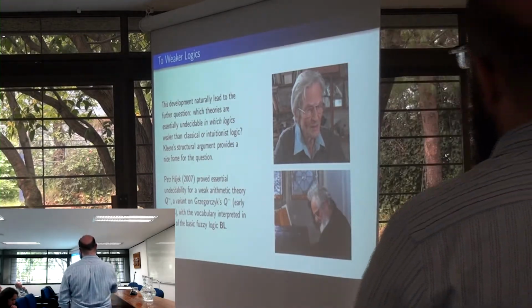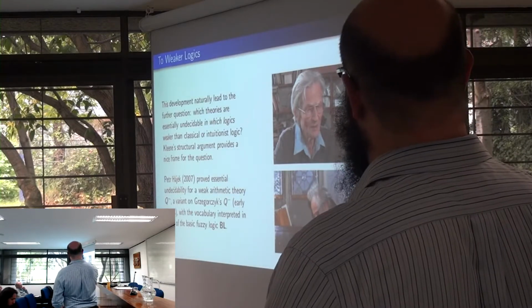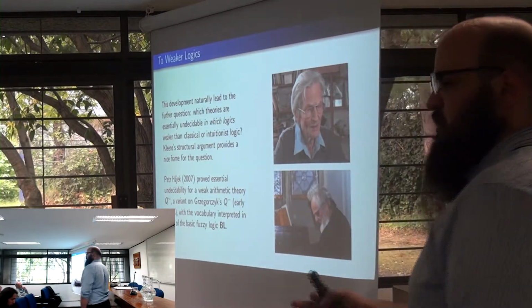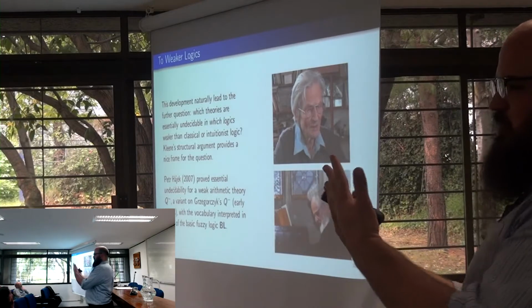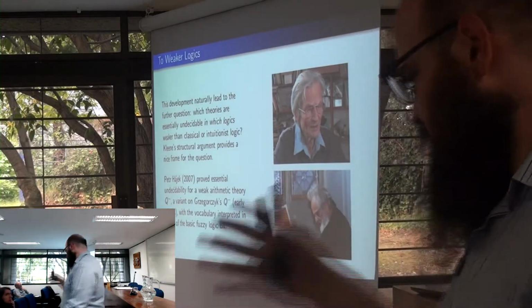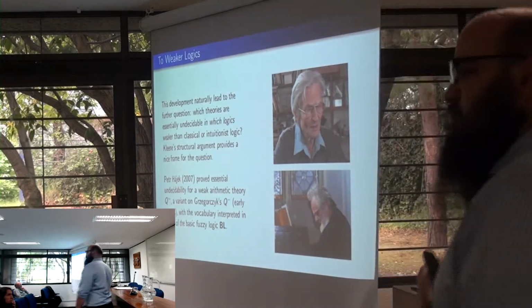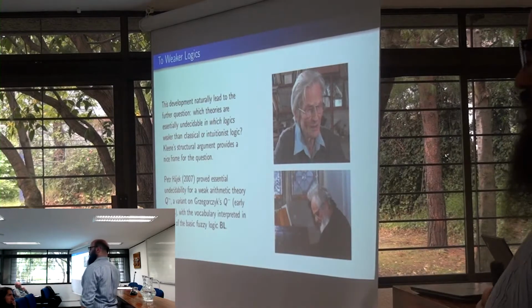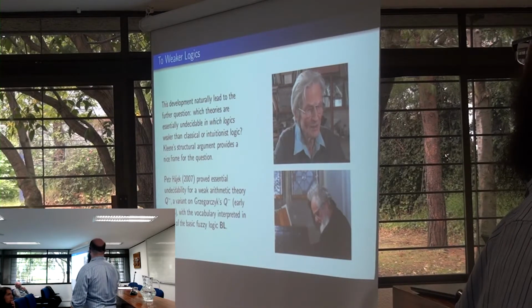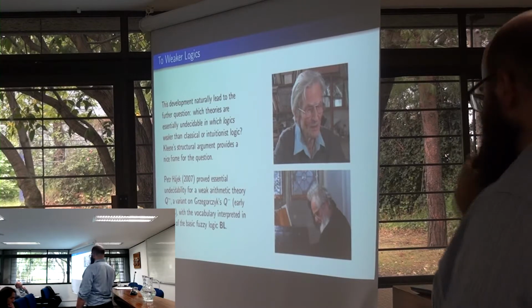For the purposes of this talk, Kleene's structural argument provides a nice frame for the question: what are the weakest combinations of theory and logic that we can give? The original argument was for PA and classical logic. The logic was weakened to intuitionistic logic by Kleene. The arithmetic theory was weakened to R. So the question is, what other mutual weakenings are available?